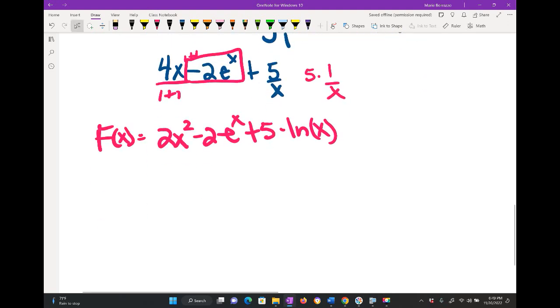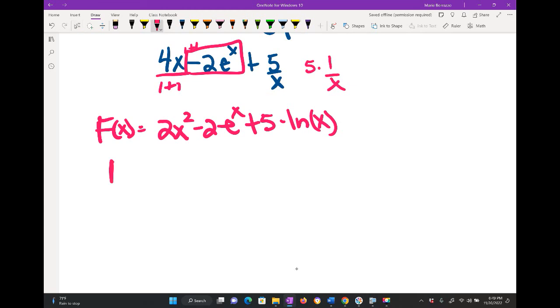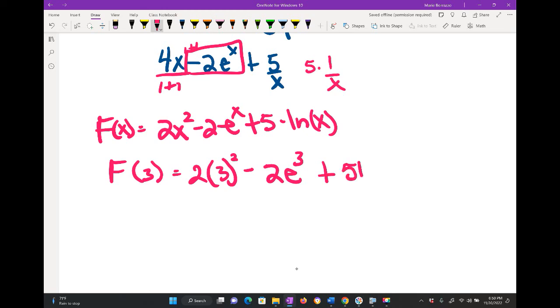Once again, you can evaluate this starting with f of 3. So this is going to become 2 times 3 squared minus 2e to the 3 plus 5 natural log of x.